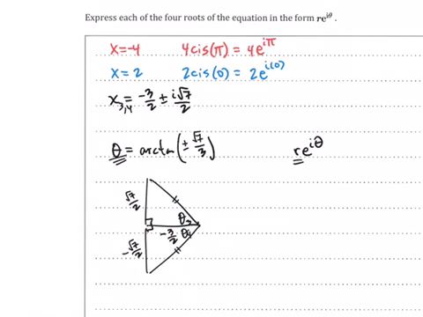Okay, so let's do a little Pythagorean work. Actually I'm gonna get fancy here. Let's go real portion of x squared plus imaginary portion of x squared is equal to r squared. Okay, so the real portion we said was negative 3/2. The imaginary portion was negative root 7/2.